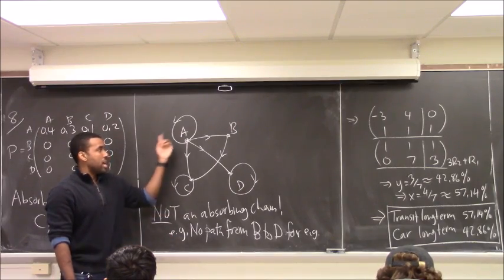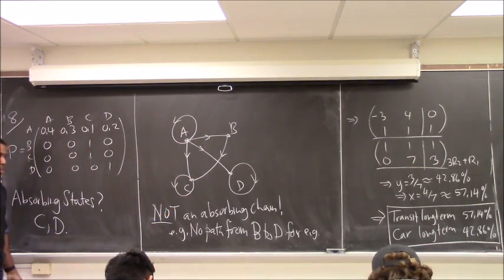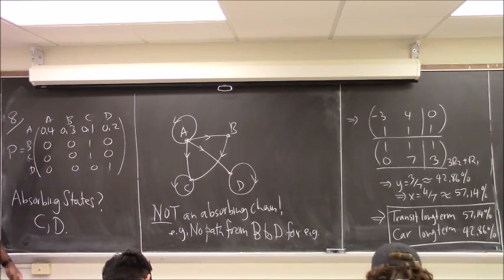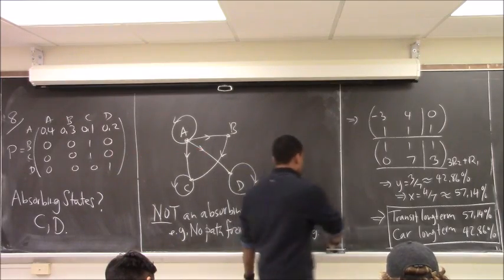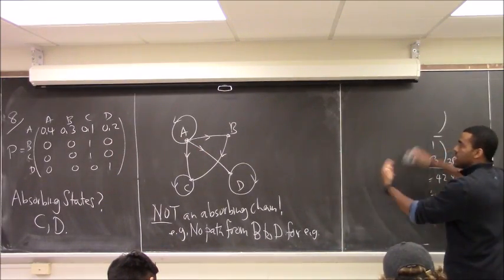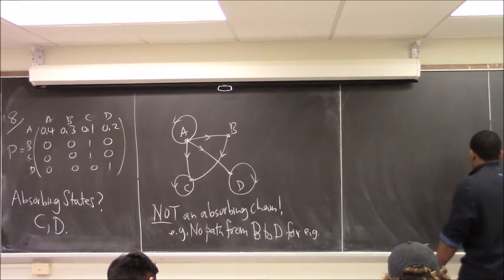You have to get from any non-absorbing state to any absorbing state in an absorbing chain. So because there's no way to get from B to the absorbing state D, it's not an absorbing chain. Just because there's the presence of absorbing states doesn't mean that the system overall is considered absorbing.